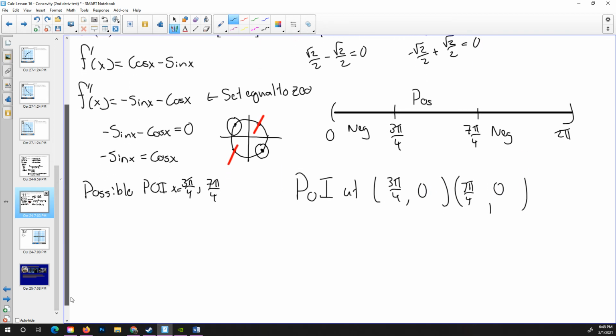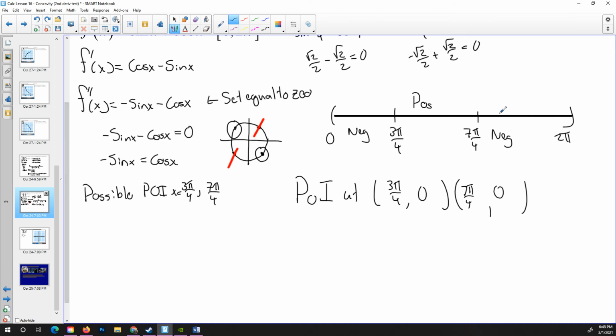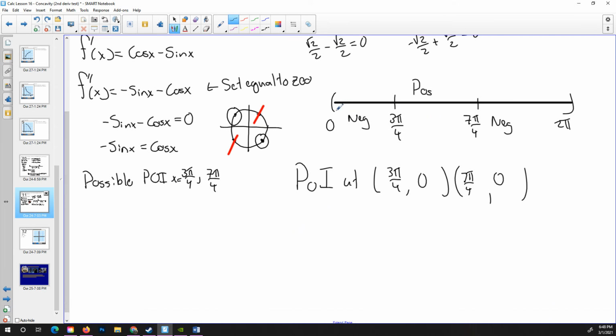And then the concavity, I only have 3 intervals. And so where the values of the second derivative are negative, it's going to be concave down. And where the values of the second derivative are positive, it's going to be concave up.